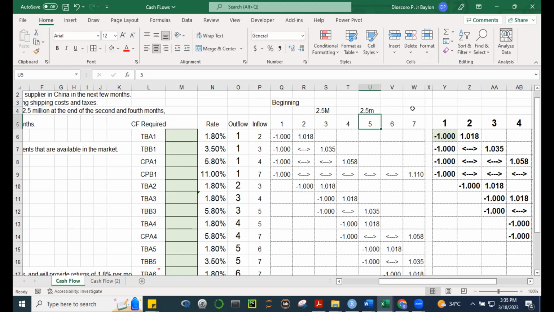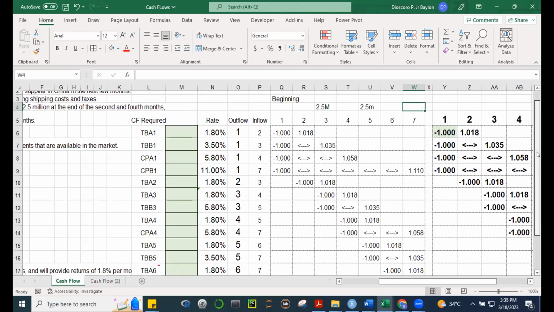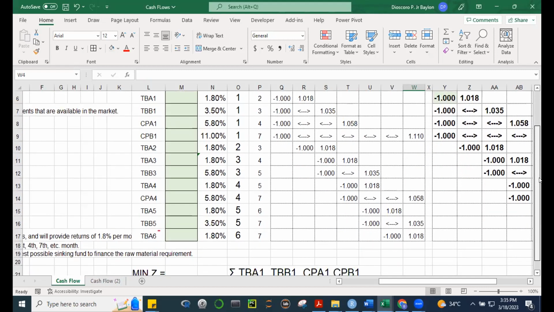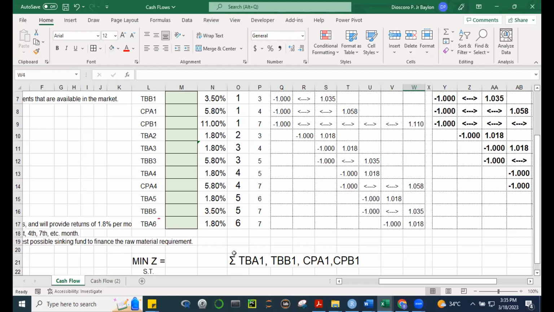Okay, and then at the beginning of the 7th month, we need to have 3 million. Right, so we need these cash flows at the beginning of those particular months. Okay, so again, our initial investment is TBA1 plus TBB1 plus CPA1 plus CPB1, and we want to minimize this.